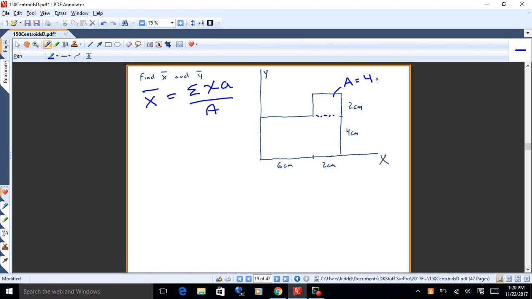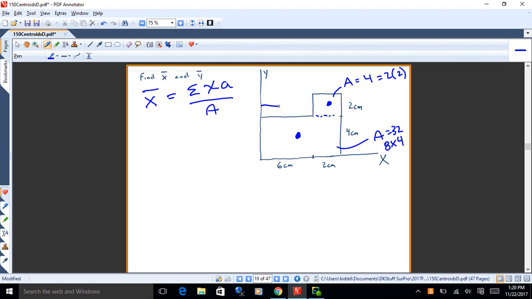It's 4, which is 2 by 2. And I like to make these as visual as I can, so I'll put centroid marks on there. This other one is 8 by 4, so this area is 32, which is 8 times 4.